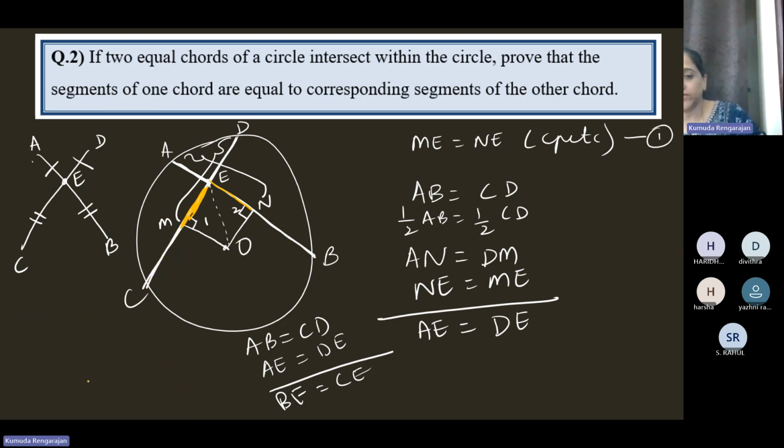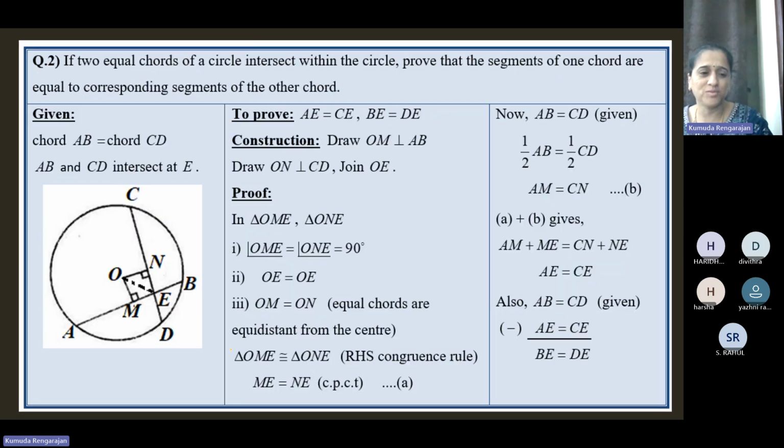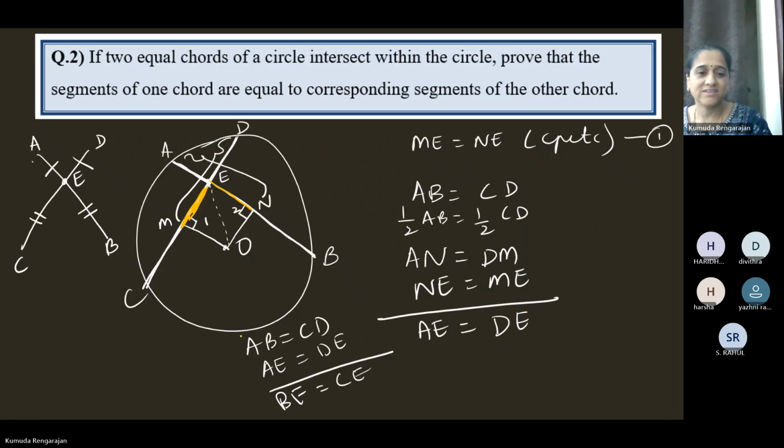Right, write down the proof. The diagram is so small. Draw this diagram, please take this diagram.